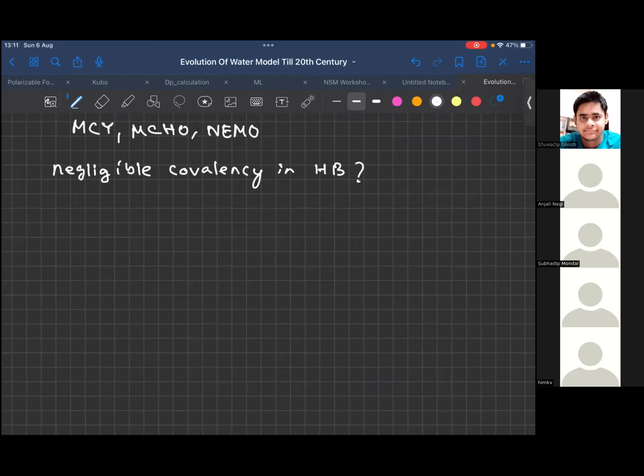This made a huge impact in the theoretical community, because they concluded that hydrogen bonding in ice is partly covalent. That completely discards the assumption made in all the previous water models, that of a purely electrostatic bonding model for condensed phase water.